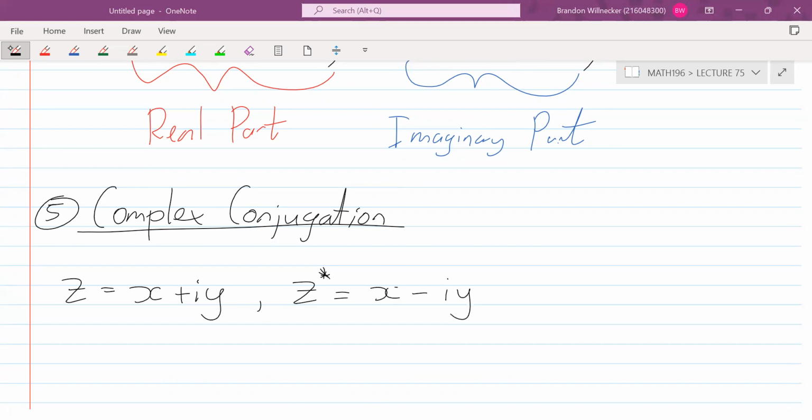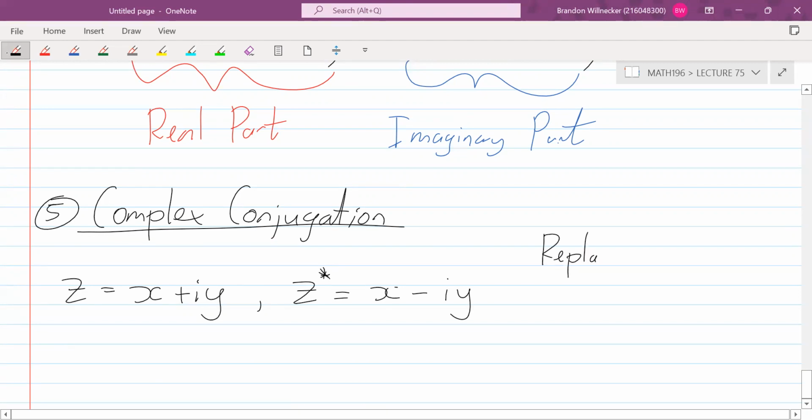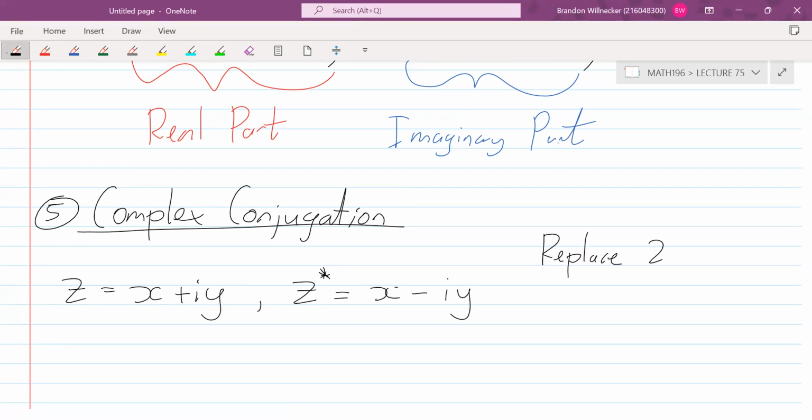This is what I was saying before: we replace r with minus r, and that gives us the complex conjugate of that complex number.